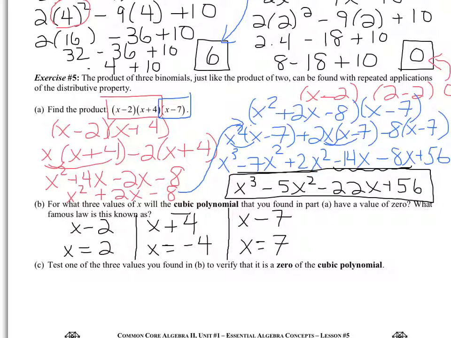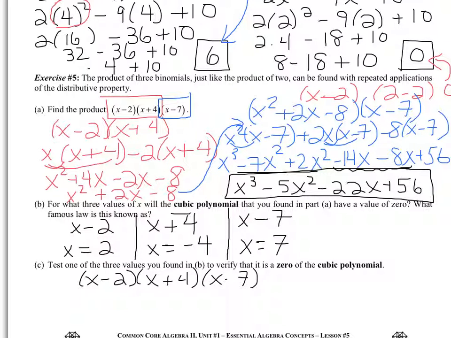And just to test one of these values, pick whichever one you want and give it a try. I'm going to plug in 2 where my x is. So I'd take my x minus 2 times my x plus 4 times my x minus 7.